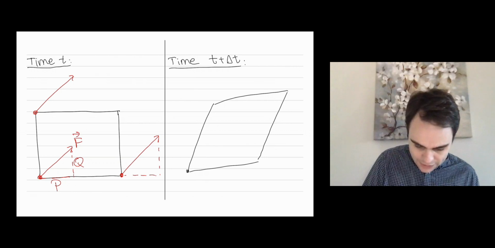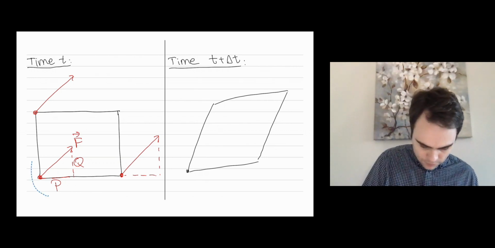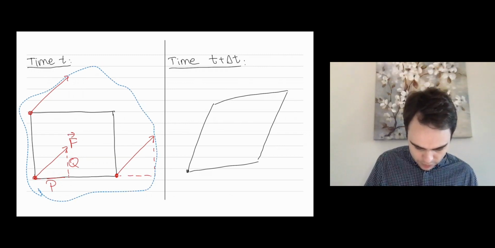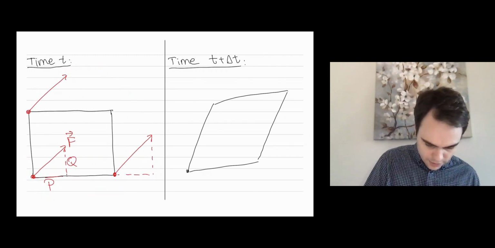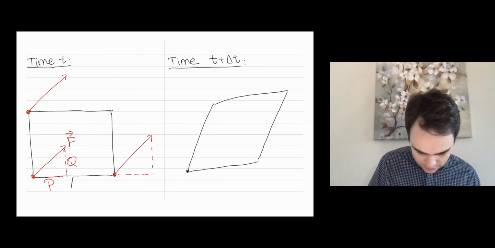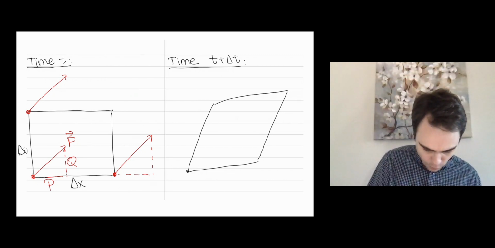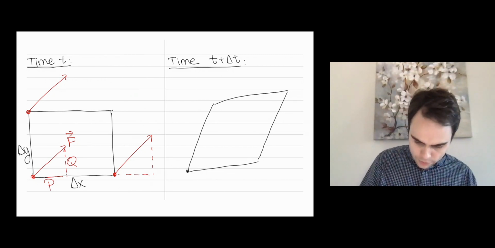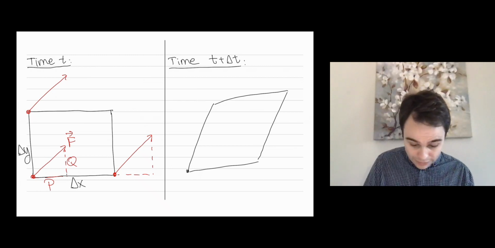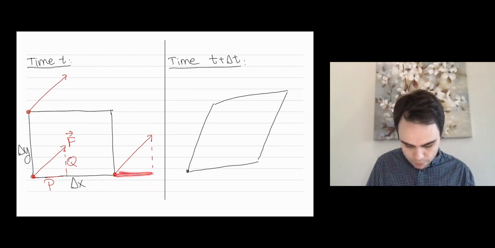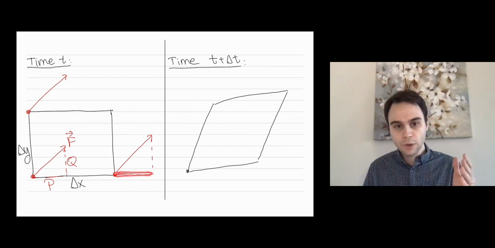Okay, so let's look at what happens at this point over here, at the other end of the square. Let's say the square has width delta x and height delta y. So at this point, this is the P component, the first component of the velocity.